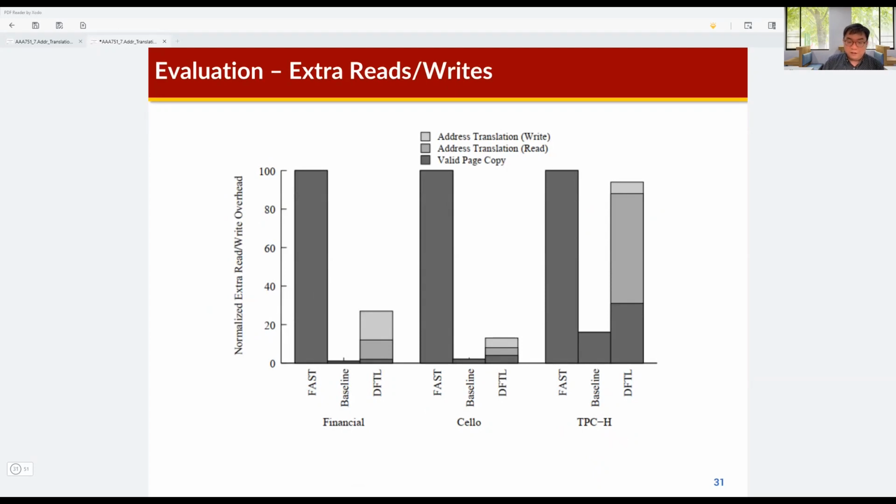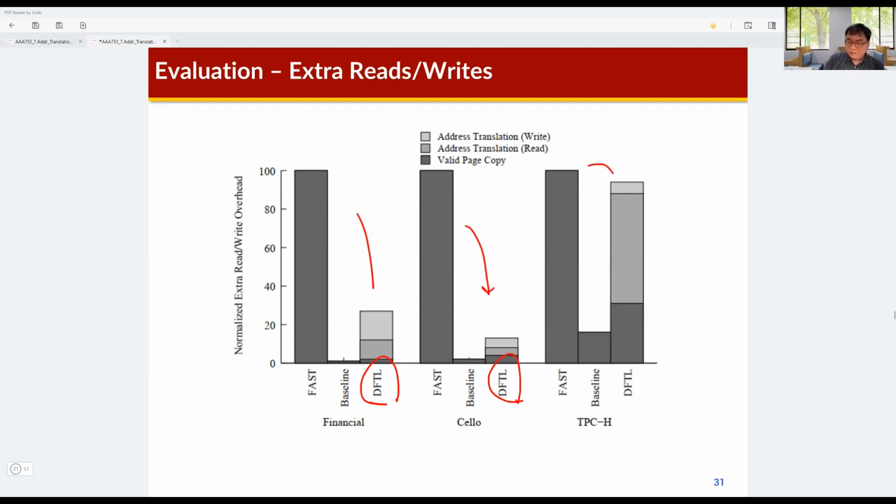Extra read and write by address translation. So baseline is the best because it's the page level mechanism, but we can see that with the random workload, with the DFTL, we can reduce the number of additional read and write operations dramatically, like here.